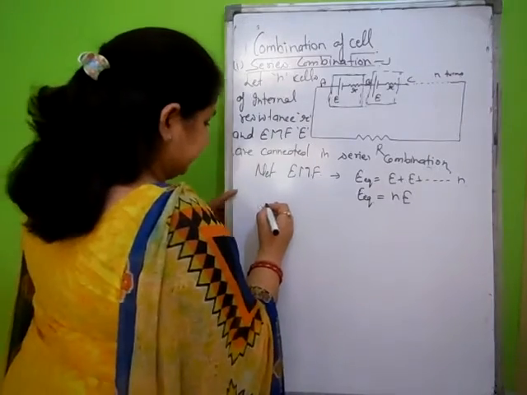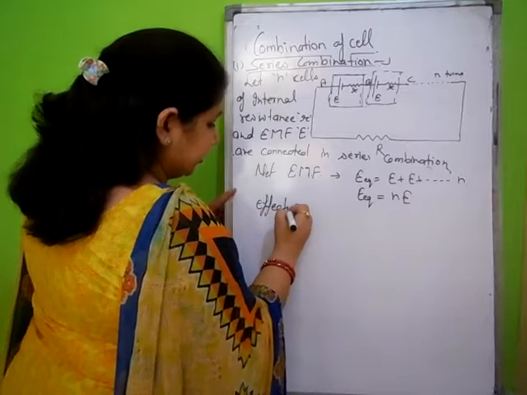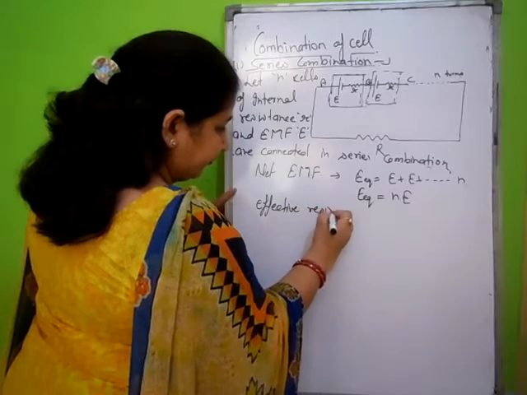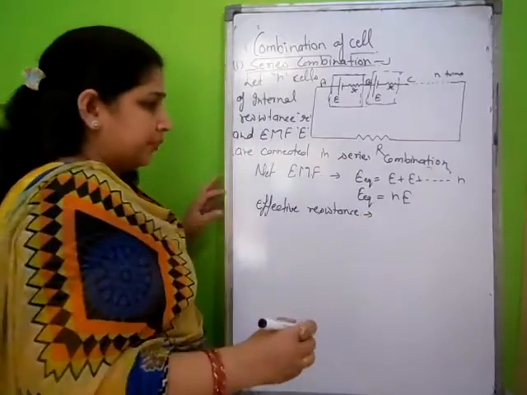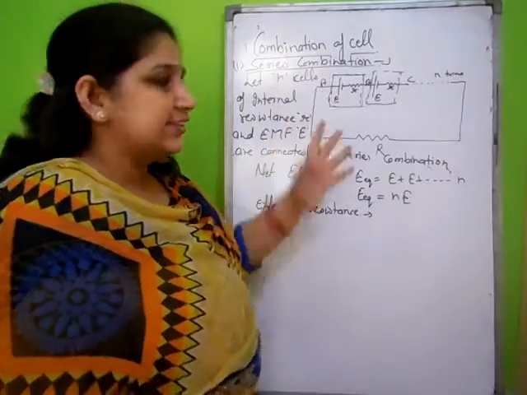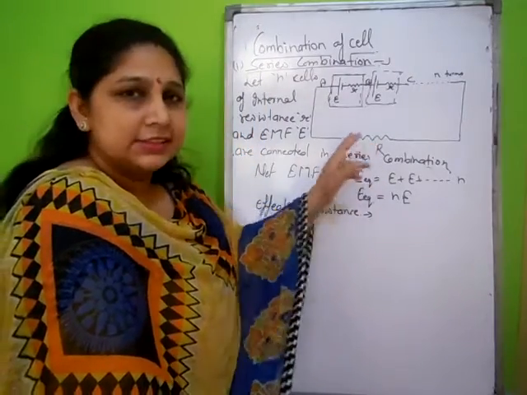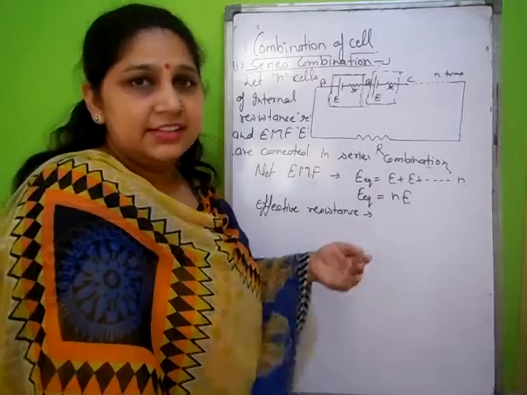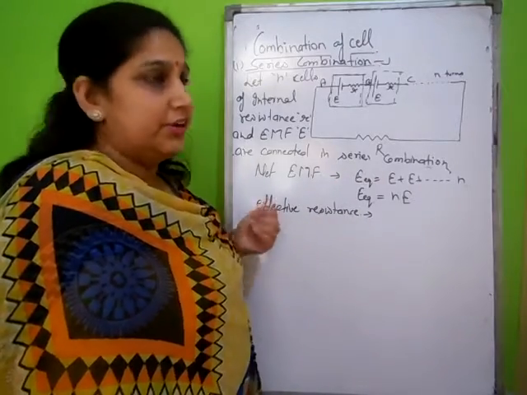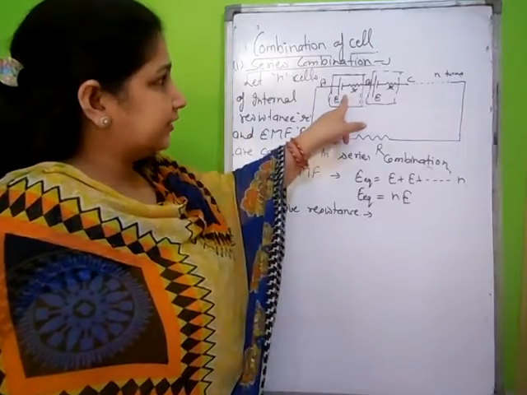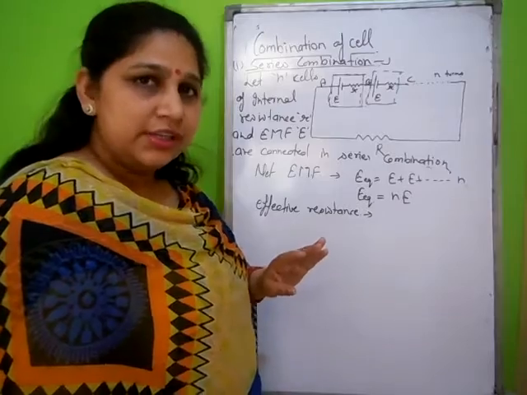The total resistance, or equivalent resistance, or effective resistance. Until now we did not consider the resistance of the cell because it is much smaller than the external resistance. But if we are considering the internal resistance, then as these cells are in series, definitely these resistances are also in series.